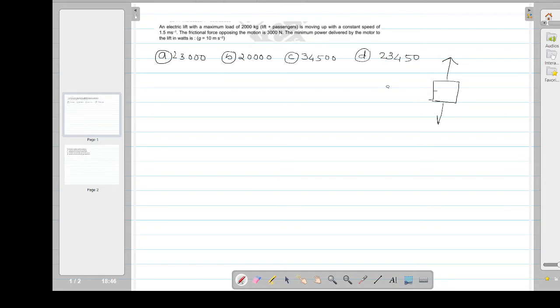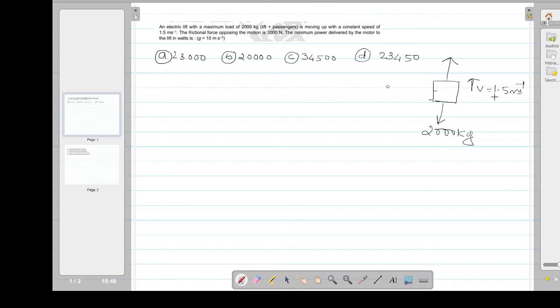The mass is acting in a downward direction. So this mass is 2000 kg, and the lift is moving up with a speed of 1.5 meter per second. The velocity as well as the speed are both the same here, because the lift is traveling along the shortest path. The lift always chooses the shortest path, so our speed becomes velocity.